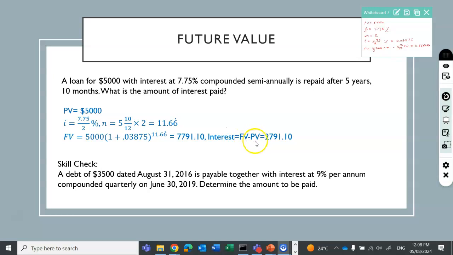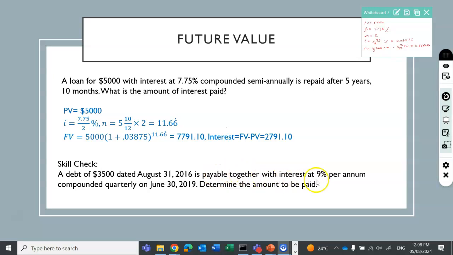Future value minus present value gives how much interest was paid for this loan, which is 2791.10.